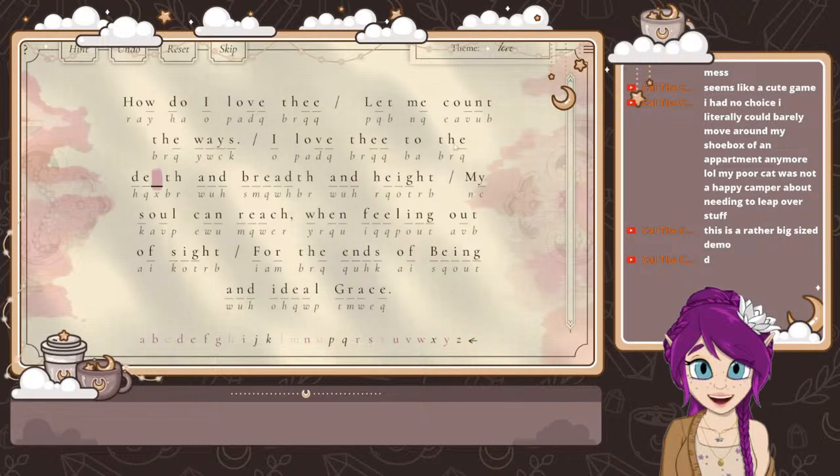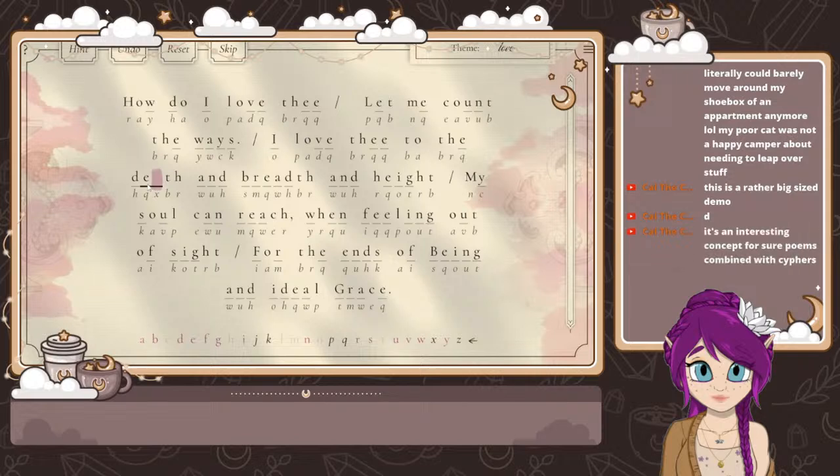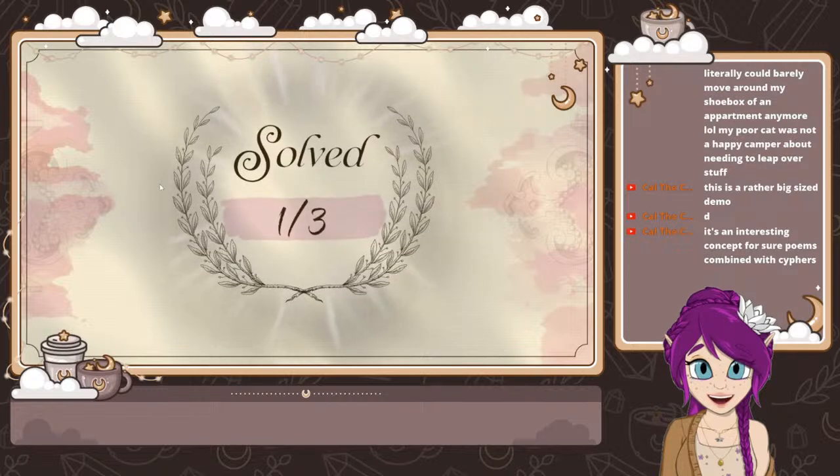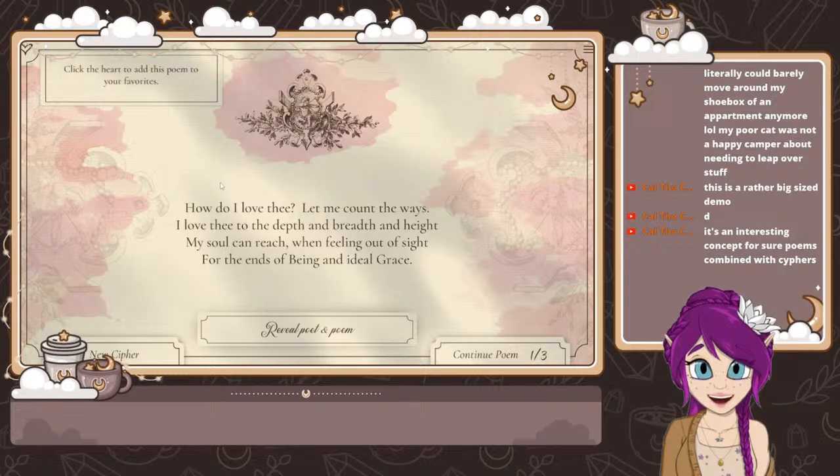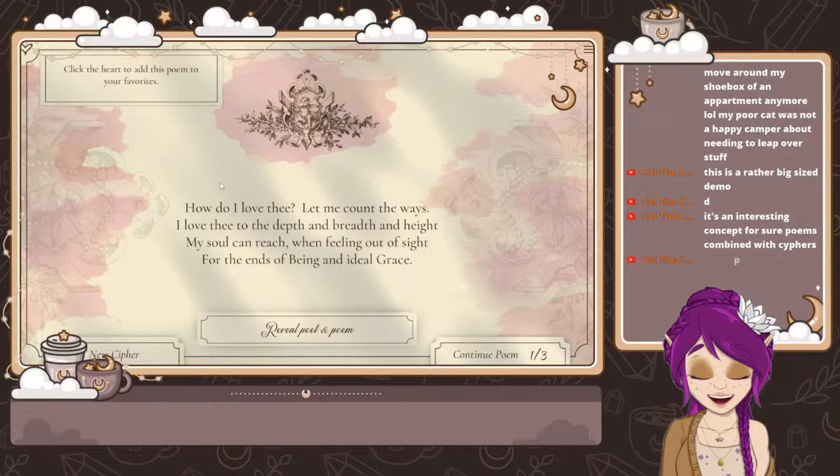I love thee to the depth. Oh, it is depth. And not a lot of people like... I feel like poetry is a very niche art that not a lot of people go into or read.